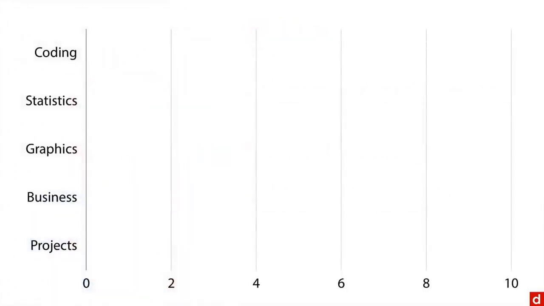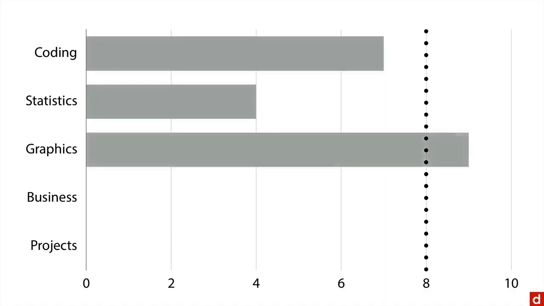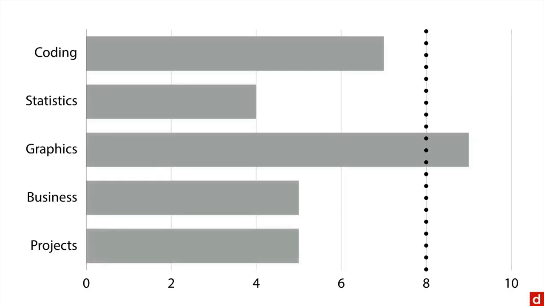And for the project to work, they all have to happen at least at a level of 8 on the 0 to 10 scale. If we take his coding ability, well, he's almost there. Statistics, not quite, halfway. Graphics, yes, he can do that. And then business, all right. And project, pretty good. So what you can see here is in only one of these 5 areas is Otto sufficient on his own.